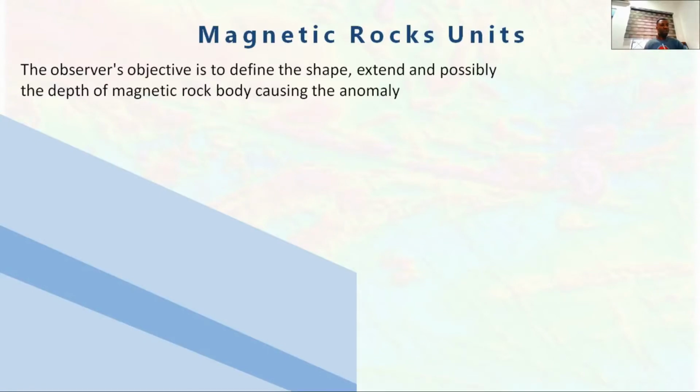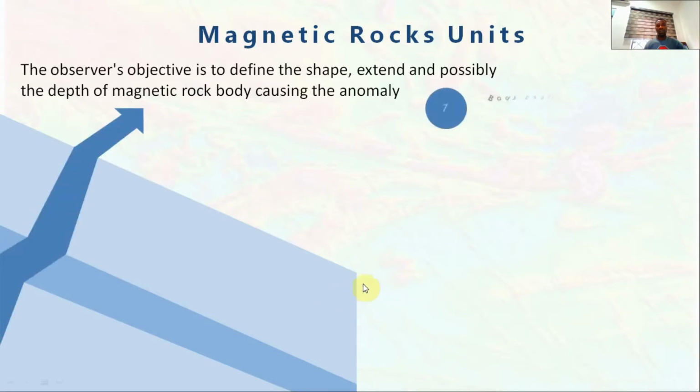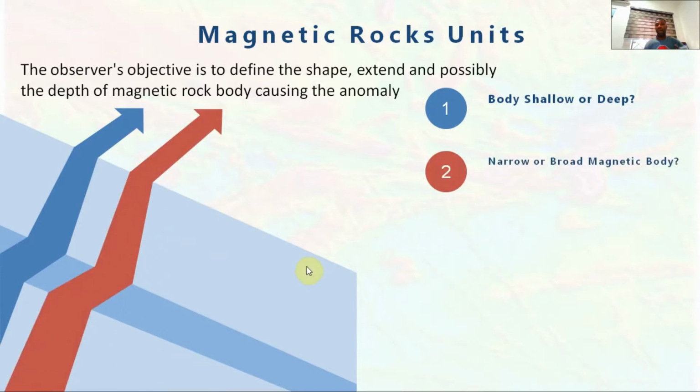When recording these magnetic rock units, there are four things that are always on our mind. First, is this body shallow or deep? That means we need to use the right filter to know that we are dealing with shallow features and not deeper features. Secondly, is this a narrow or broad magnetic body?